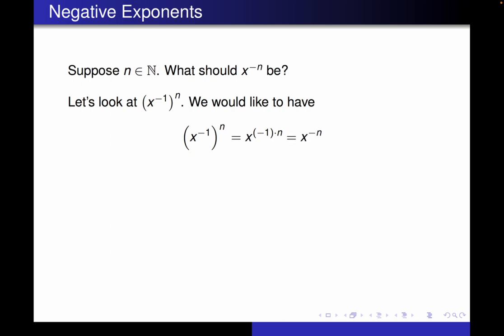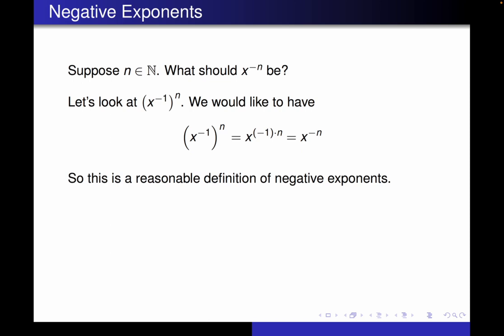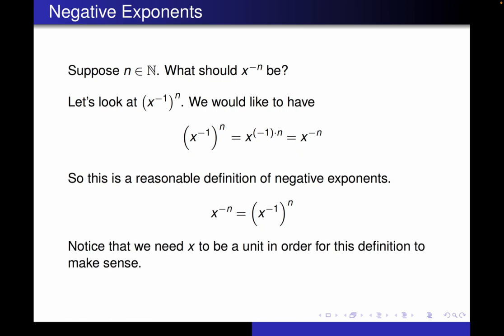So if we turn that equation around, it makes sense to define x to the negative n as x to the negative 1 to the nth power, right? We know what x to the negative 1 is. That's the multiplicative inverse of x, if it exists, and then we know what it means to take it to the nth power, because n is a natural number.